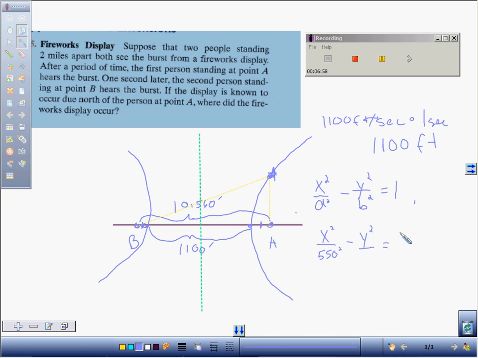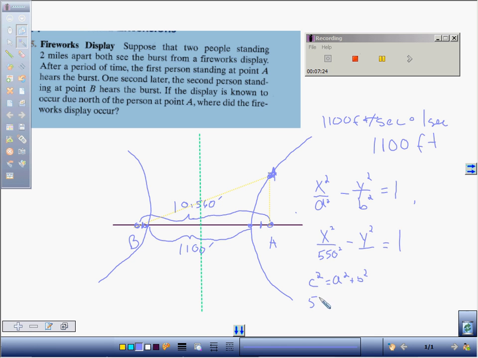Now to get b, I don't know what b is, but I do know what c is. C is the distance from here to here, right? So I know, using the Pythagorean theorem with hyperbolas, you just use plain old c squared equals a squared plus b squared for hyperbolas. Okay? And I know that c is half of 2 miles, which is 1 mile.